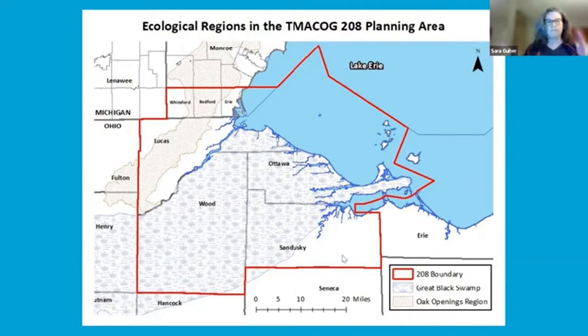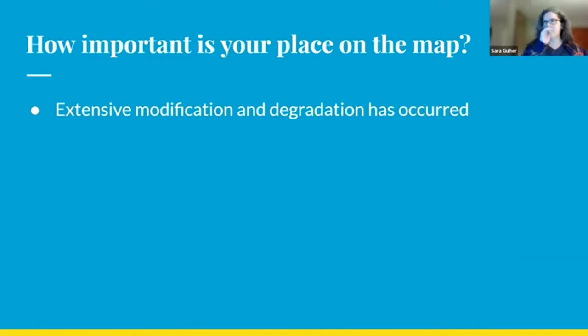So you can see where you are on the map as a way to get started. The question is, how important is your place on the map? As most of us know, the oak openings and the Great Black Swamp look almost nothing like they did when they were at their full extent.